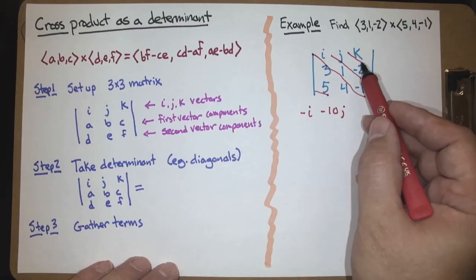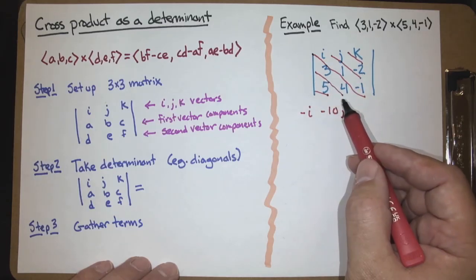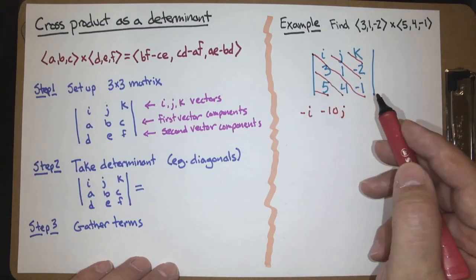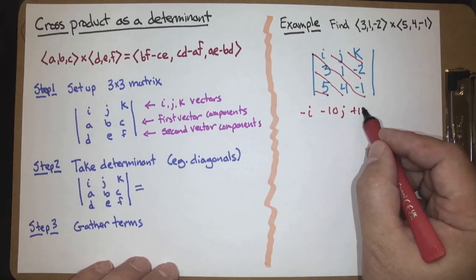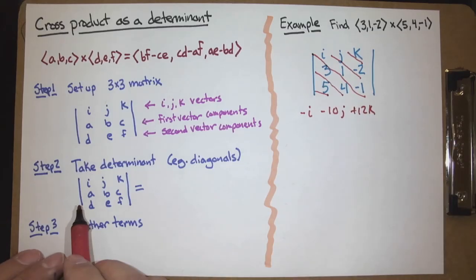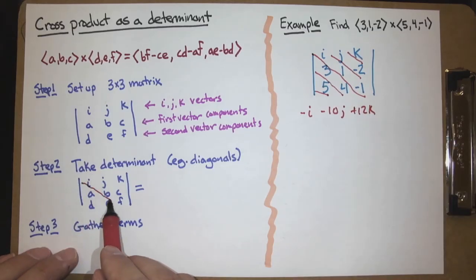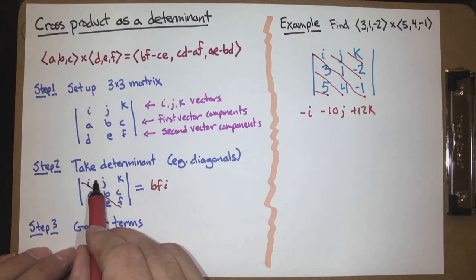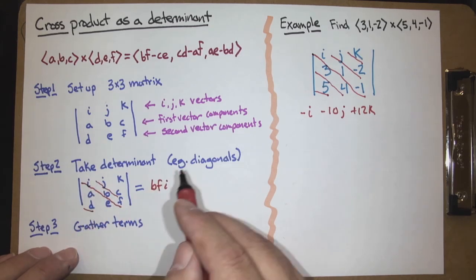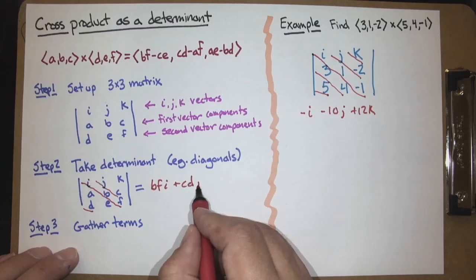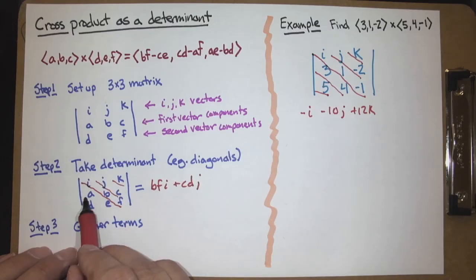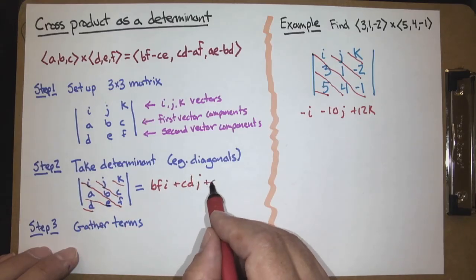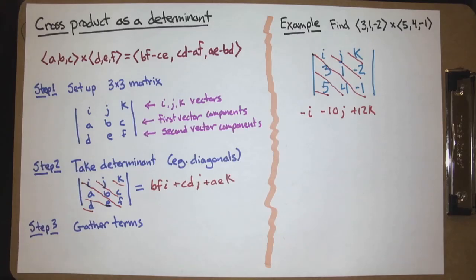K times 3 times 4, 12K. Over here, in general, you'd have I times B times F, so that's BFI. J times C, wrap around to D, so that's plus C times D times J. K times A times E, so that's A, E, K. Those are the downhill diagonals.